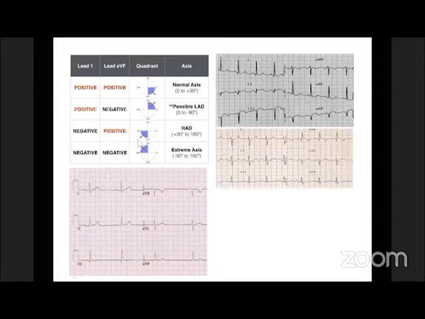If lead 1 is negative and aVF is positive, it means there is right axis deviation. The direction of electricity is between plus 90 and 180.